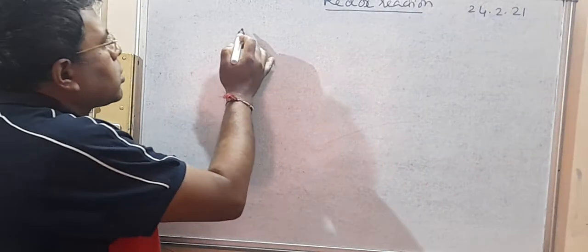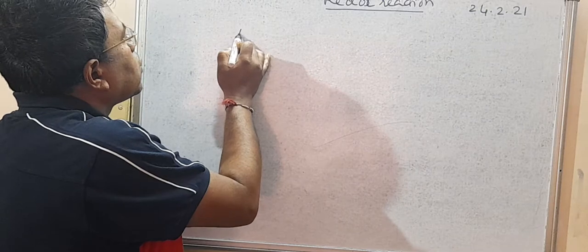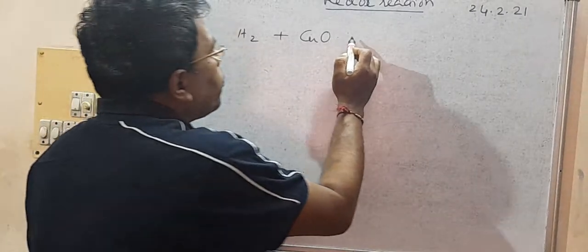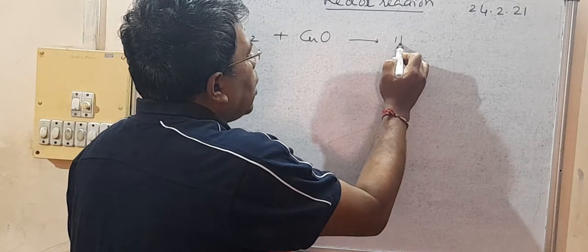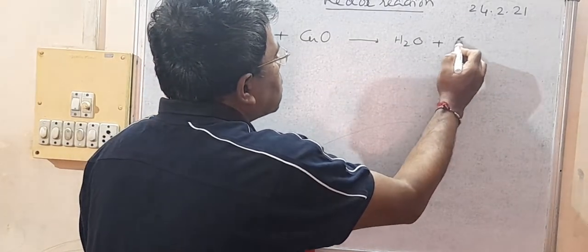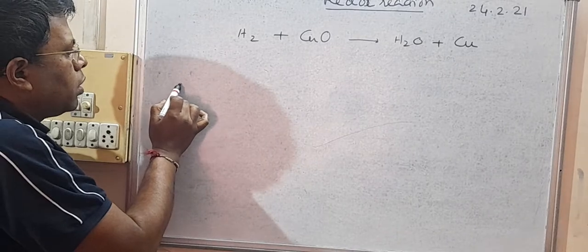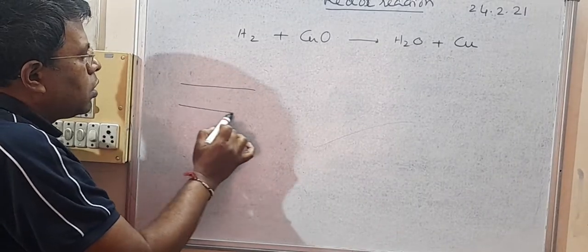Suppose we have a reaction H2 plus CuO gives H2O plus Cu. This reaction can happen in this way.